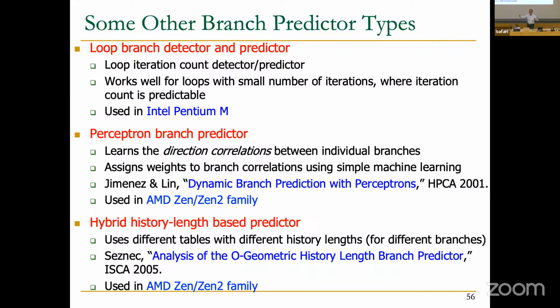If a branch requires a huge history length, 512 history lengths, because the branch that you're correlated with is far away in the program, maybe outside the loop, use that for that branch and figure out which one is going to work well. And this work actually shows that it makes sense to design your tables with a geometric series in terms of history length, so that you can cover a very, very large variety of history lengths, if you will, with low hardware cost. This is also used in the AMD Zen 2 family.